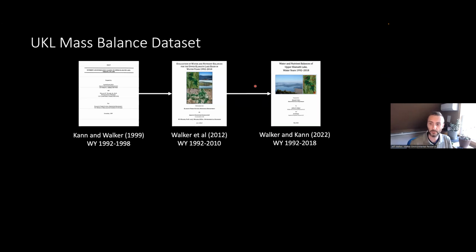But the three of us did an update to that in 2012, where we extended the data set through 2010. And now Jake and I have done our third update, extending it through 2018. So another 8 years of data since the last iteration, for a grand total of 27 years period of record, which is a pretty long data set, and one of the few in the country that I'm aware of.